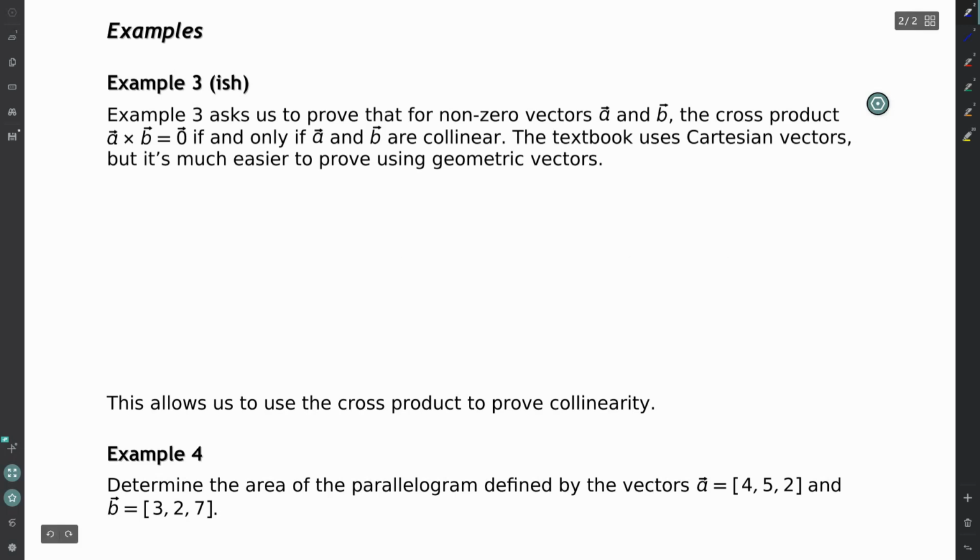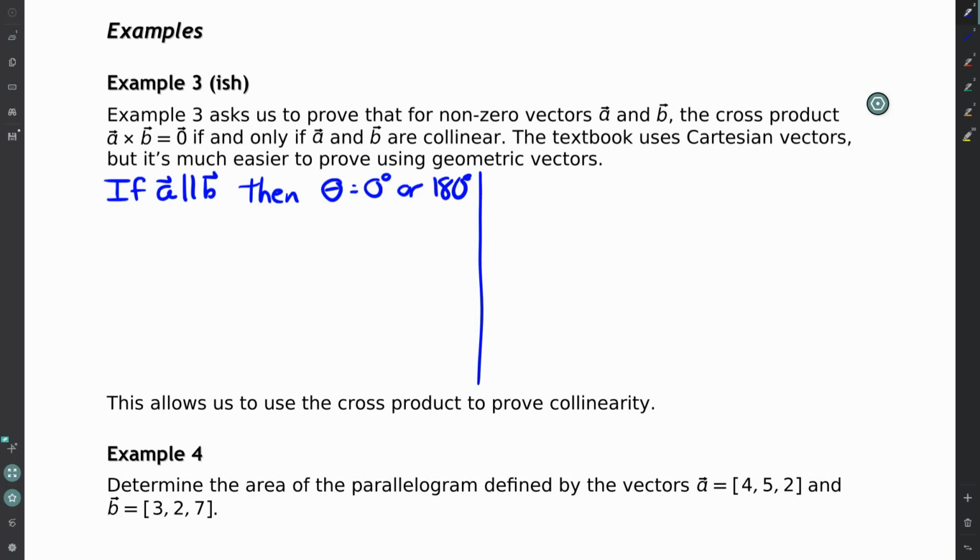Let's say A and B are collinear. That means that the angle between them, and I want to just split this in half, theta is equal to either 0 degrees or 180 degrees. So the vectors are pointing in the same direction or they're pointing in opposite directions.